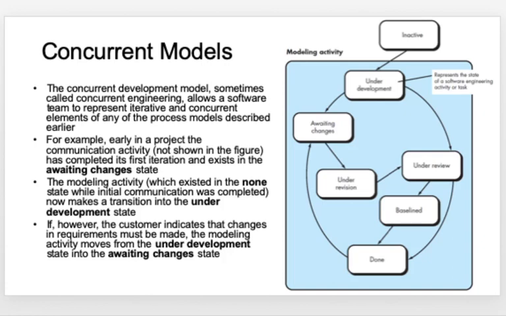Then you have something called the concurrent model. The concurrent model, otherwise called concurrent engineering, represents iterative and concurrent elements of the process models that we have discussed till now. For example, it is represented by means of states called awaiting changes, under development, and so on.